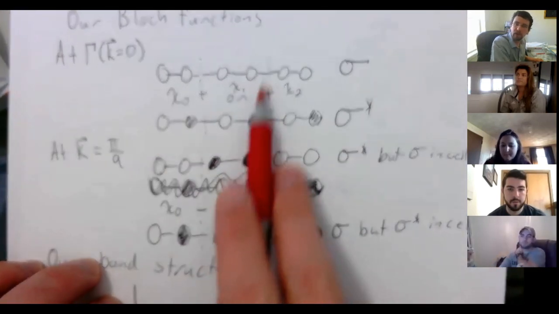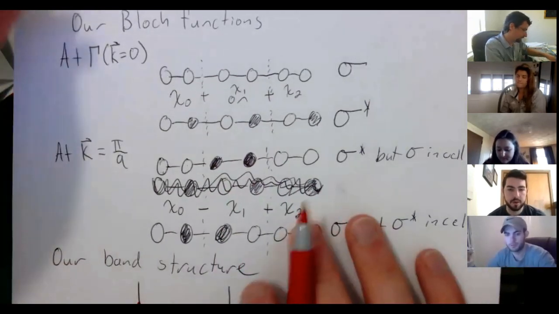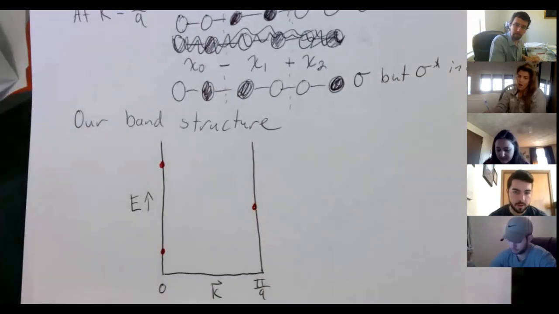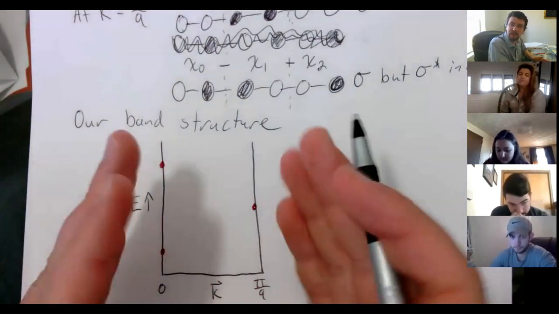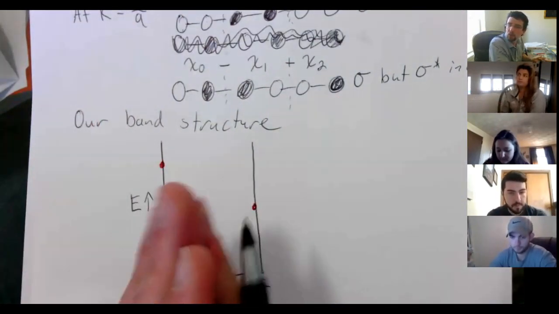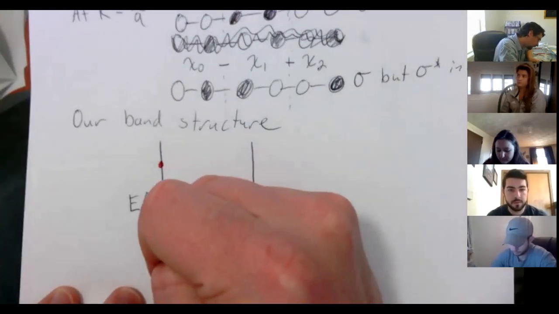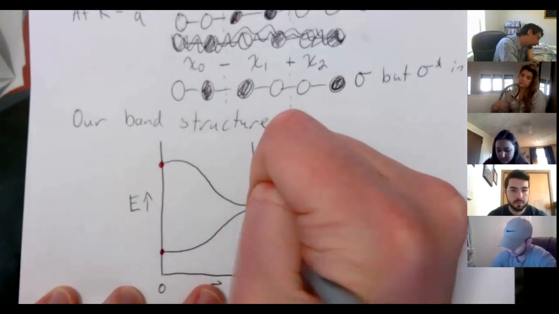How do they rank compared to these guys? Oh, it'll be in between them. Yeah, in the middle. So there's an in-between point. So the way the band structure looks, it's like we take our original 1D structure and we fold it in on itself. So it looks like that.